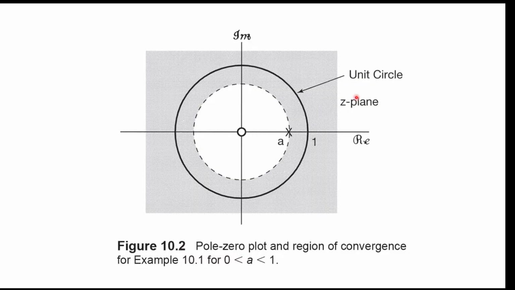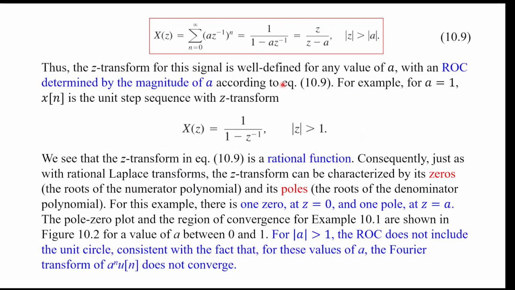And when a is greater than 1, the ROC will be outside the unit circle, so the ROC will not include the unit circle, and the Fourier transform does not exist. That's because a^n u[n] is an exponentially growing function, and it should not have a Fourier transform.